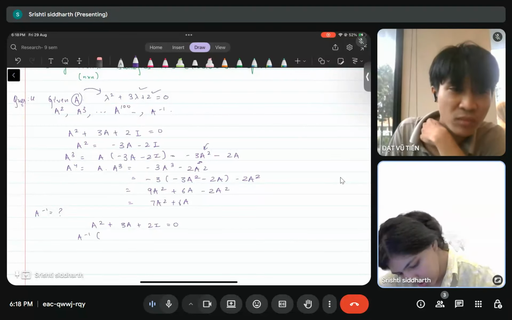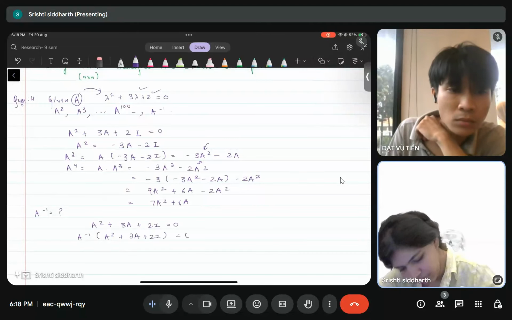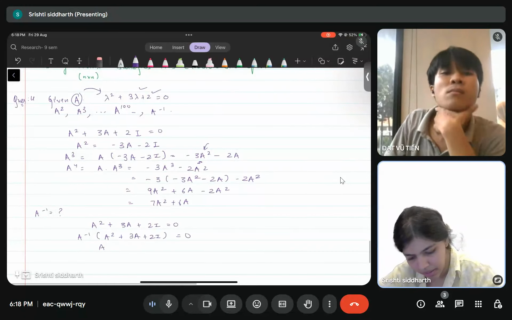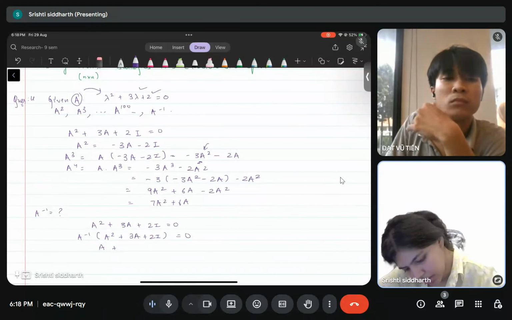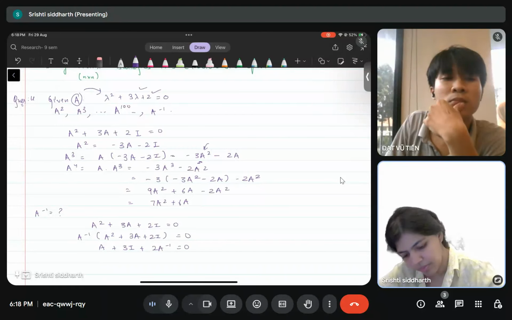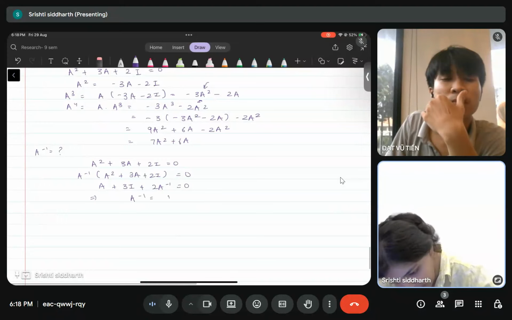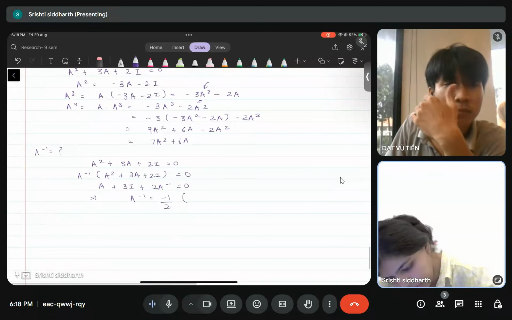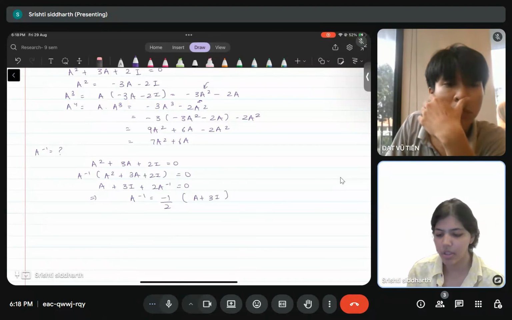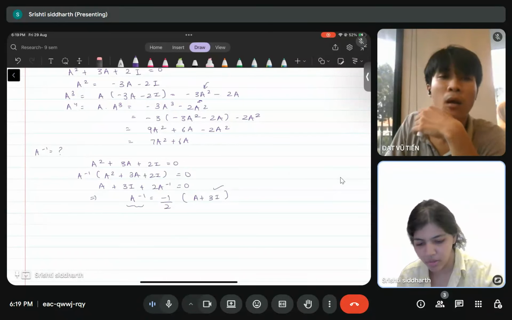This is simply A plus 3I plus 2A inverse equals 0, which simply implies that A inverse is minus half of A plus 3I. So this is a very neat trick because now we don't have to find out what A squared and A cubed are. We found A inverse through just this.